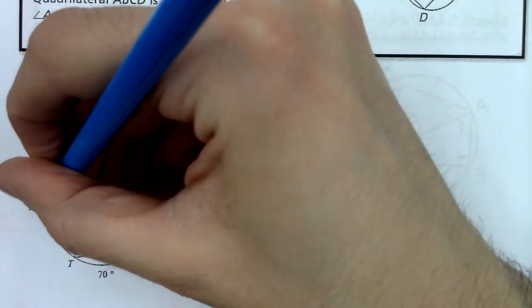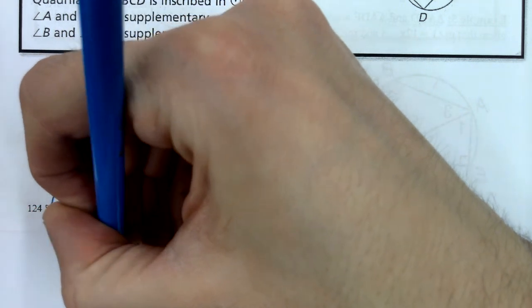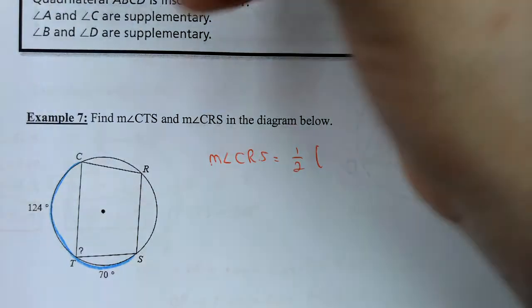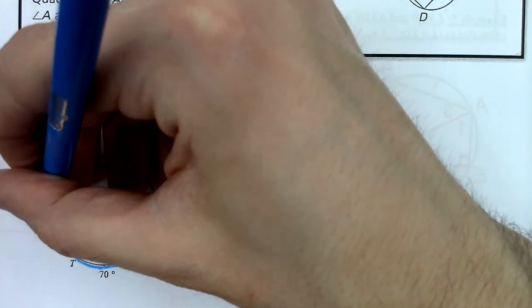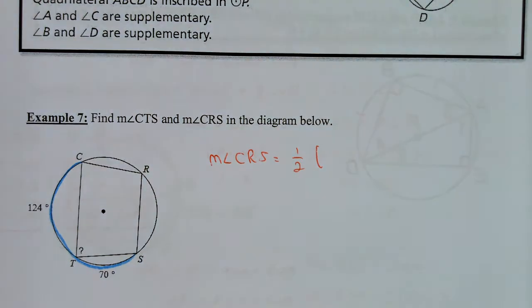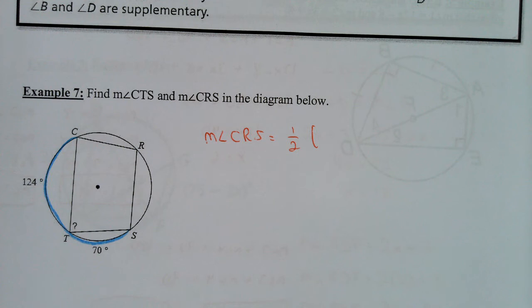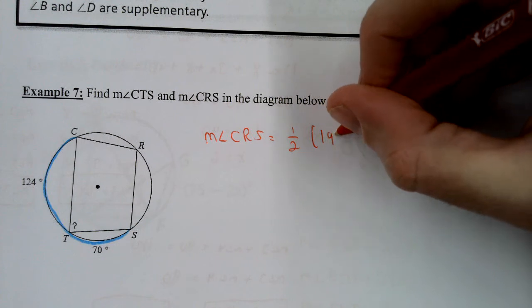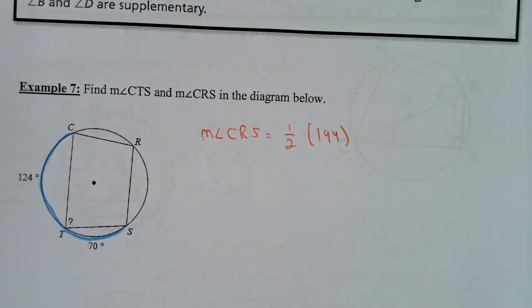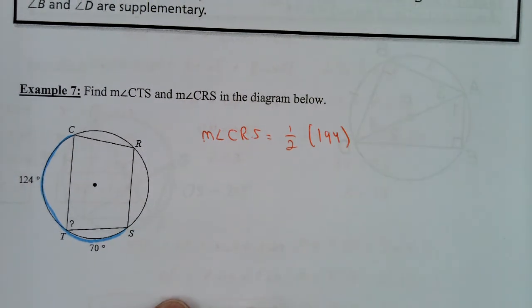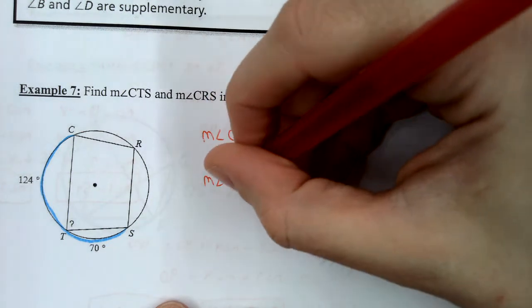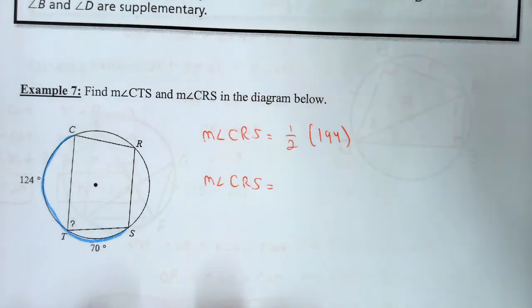So let's get some color going on here. That's the arc that it intercepts. If you add up those arcs, you get 194. So the measure of angle CRS equals half of that. It's 97.